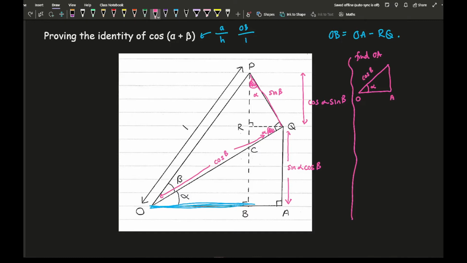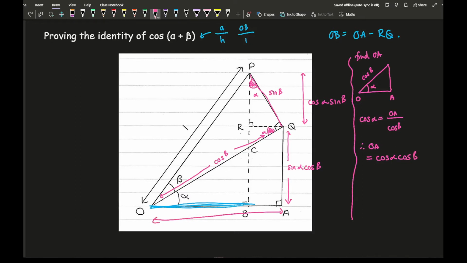And what I'm needing is the adjacent, so let's just call this O to A. So in terms of this, I've got cos alpha is equal to the adjacent, which is OA, over cos beta. So therefore, O to A is going to be equal to cos alpha cos beta. So that's what this length here is going to be.